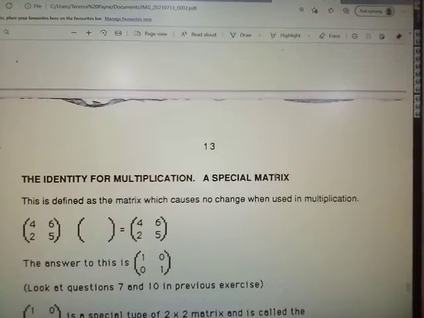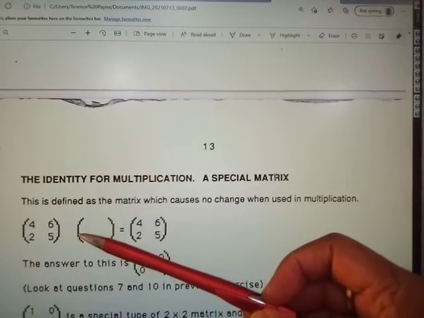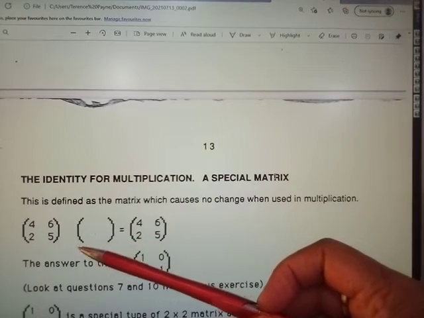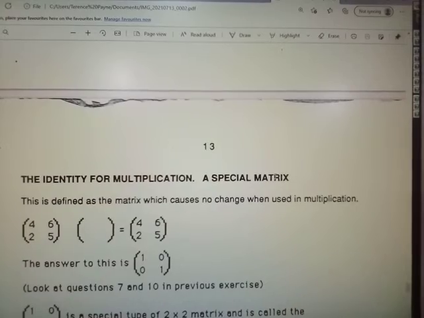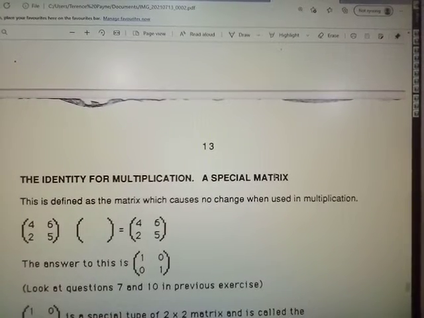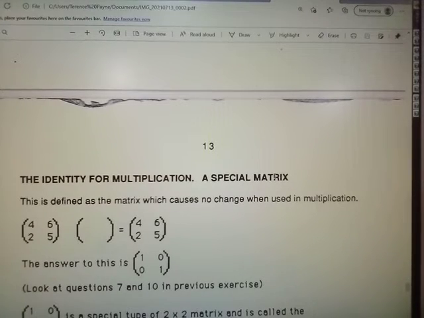And you can see that here, the answer here is 1 and 0. 4 times 1 is 4. And 6 times 0 would be 0. 6 times 1 would be 6.